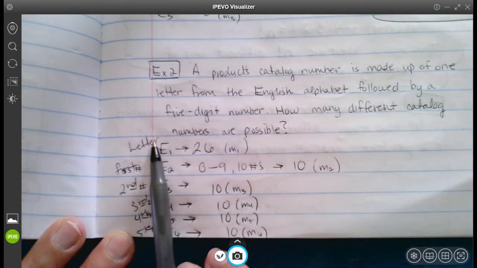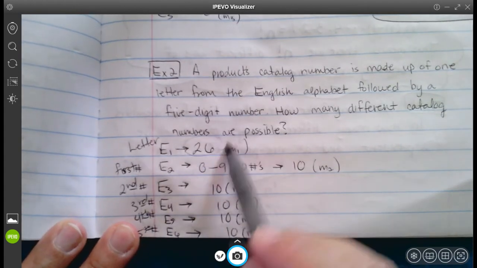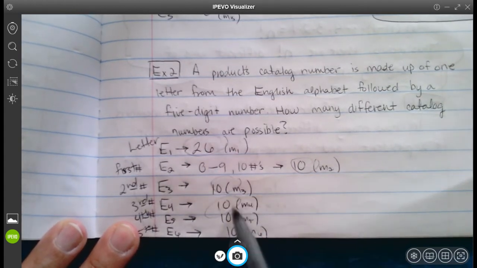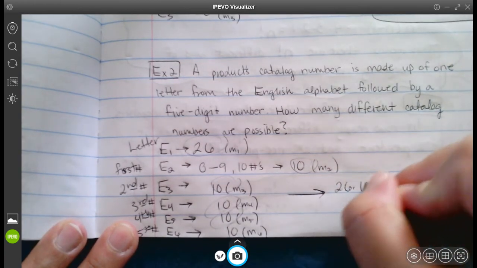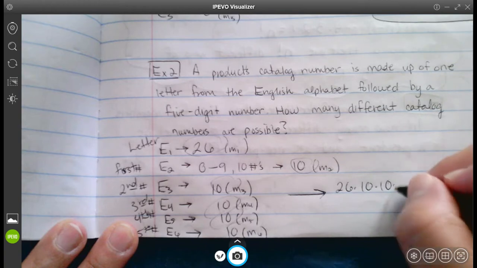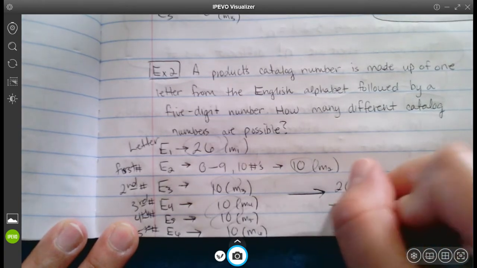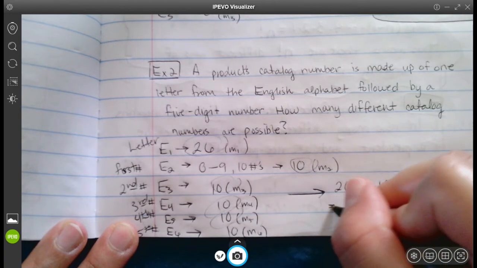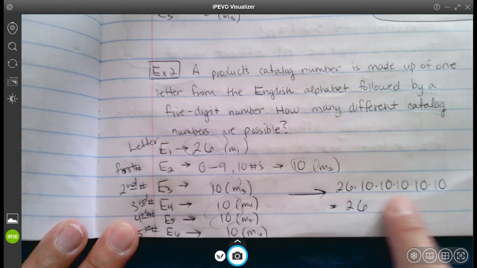Because of that letter, we have the option with the letters, and then we have all this. So altogether, we're looking at 26 times 10 times 10 times 10 times 10 times 10. So 26 times 10, there's 5 of them: 1, 2, 3, 4, 5. If you multiply this out, we get a really big number. Let's see, 26, and then 5 zeros.